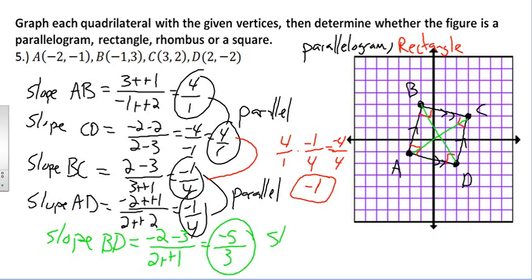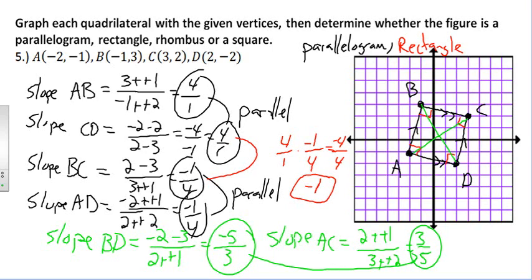And then do the slope of AC as well. I get 2 minus -1 over 3 minus -2, and I get 3/5. Well, the product of those two things, -5 over 3 and 3 over 5, when I multiply those, I also get -1. So I know these are perpendicular, which makes this a rhombus.